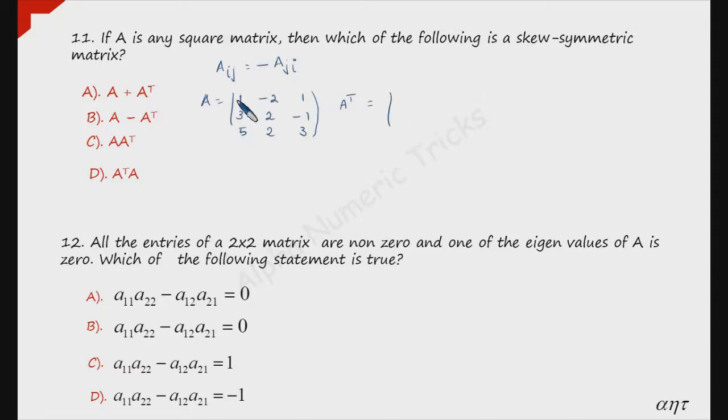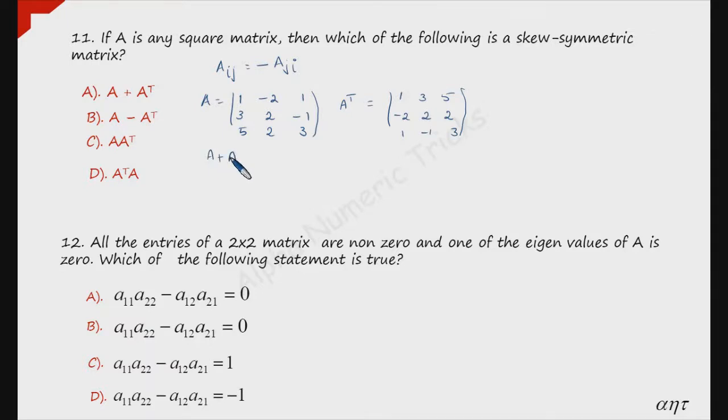For the transpose, you write columns into rows and rows into columns. So the first column is written as a row: 1, 3, 5. The second column is written row-wise: -2, 2, 2. The third column is 1, -1, 3. Okay, so this is your A transpose.